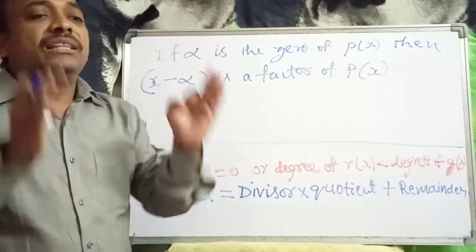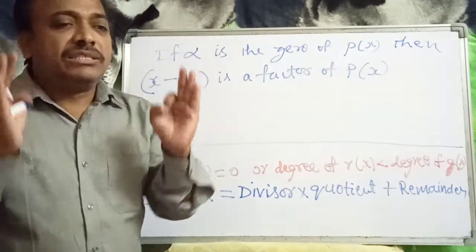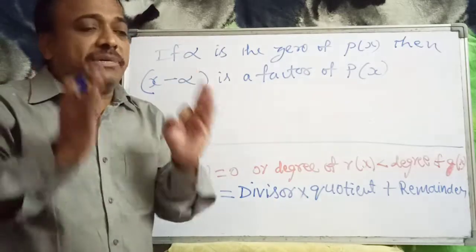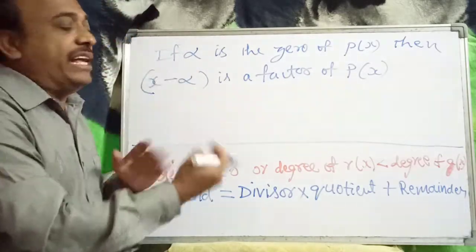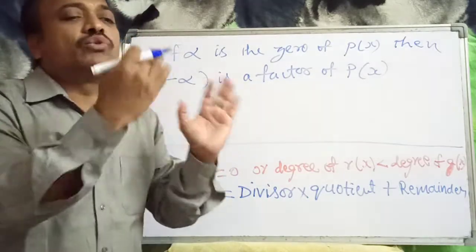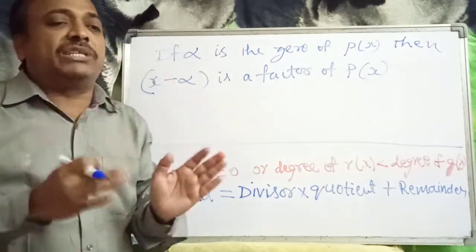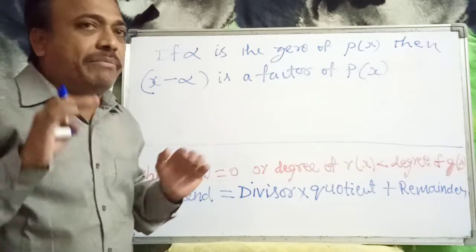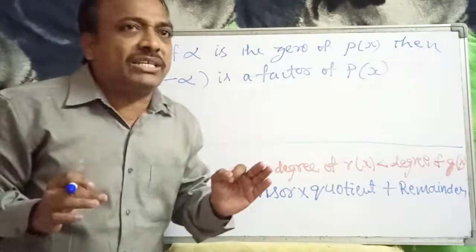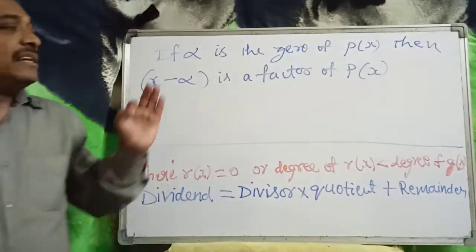Factor means the remainder must be 0. When we are dividing, if we say x minus 2 is a factor of some polynomial, that means if you divide that polynomial with x minus 2, then you must obtain the remainder as 0.